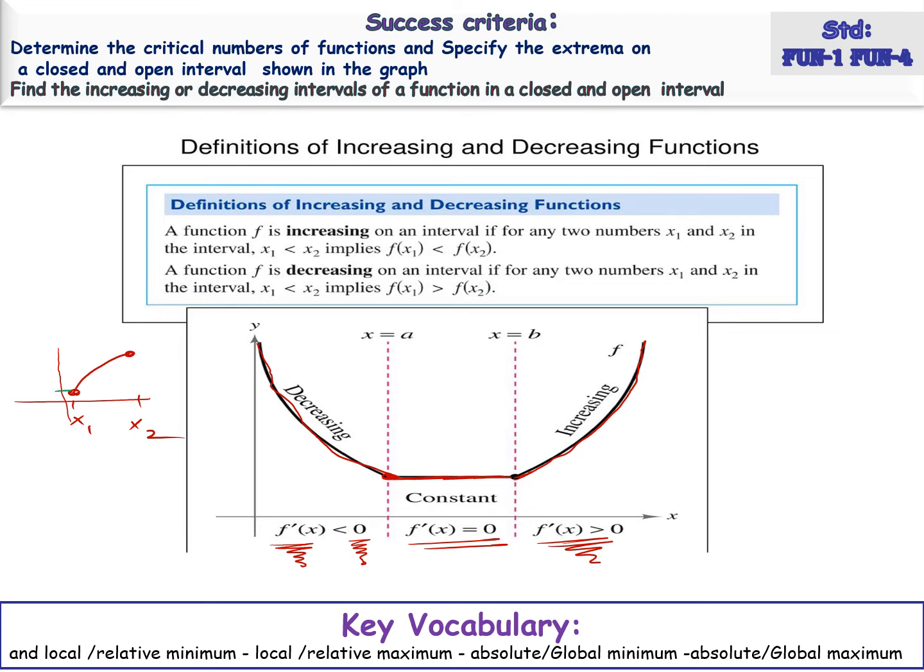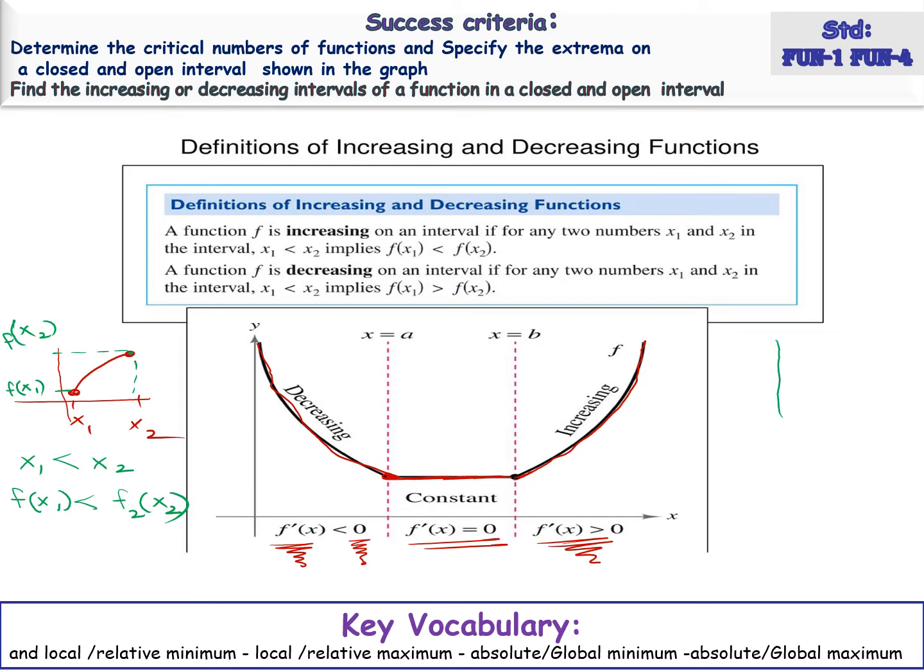The y value at x1, I am naming it f of x1, and over here the value at x2, I call it f of x2. What have you seen? That x1 is less than x2, whereas f of x1, the first y value, is also less than the second y value. So in such cases, you can say that the graph is increasing.